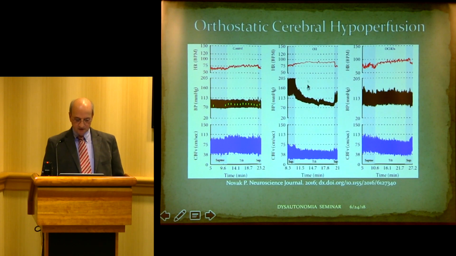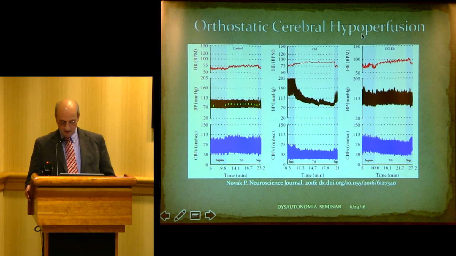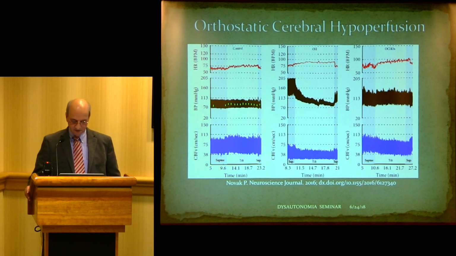So we usually do the tilt table test. Sometimes we actually measure cerebral perfusion. And we can do that, somebody actually mentioned it before, with transcranial Dopplers. And when you see the typical tilt test, this is a normal one.